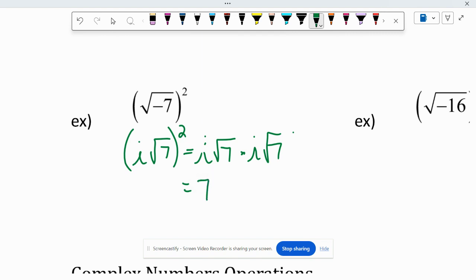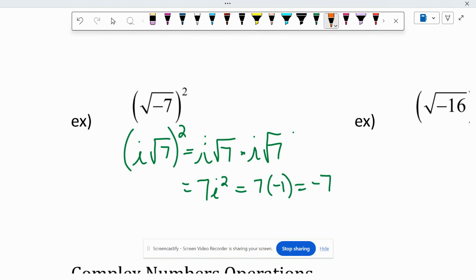Well, what is the square root of 49? Remember that the square root of a number times itself under the radical, like the square root of 7 times the square root of 7, is just 7. And then i times i is i squared. But what is i squared? So this just becomes 7 times -1, which is -7.